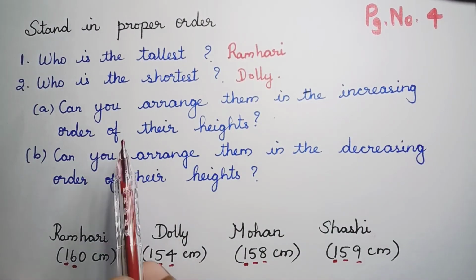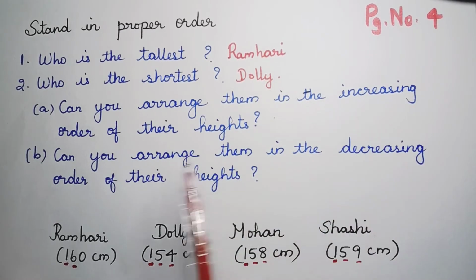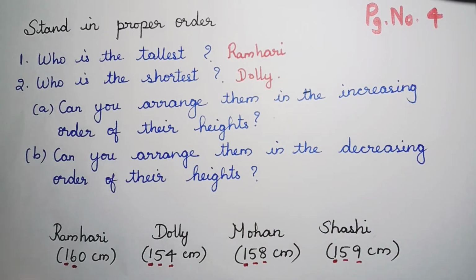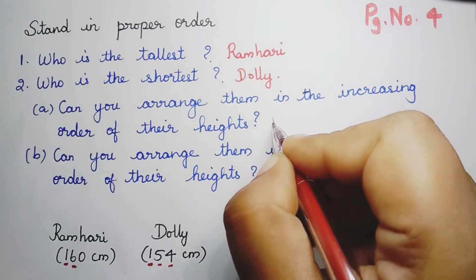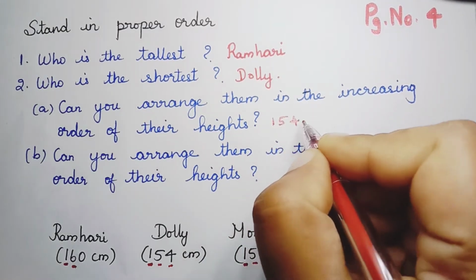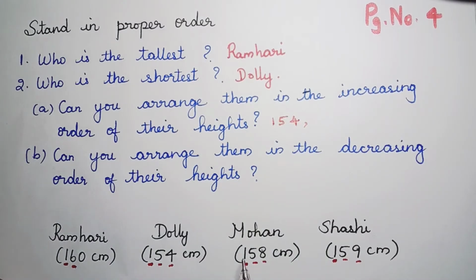Then the third question is, can we arrange them in the increasing order of their heights? Increasing order means we have to write it from the smallest to biggest. We already found this is the shortest one, right? So first let's write it. 154 is the shortest. Then compare among these 2. Which is the shortest among these 2?